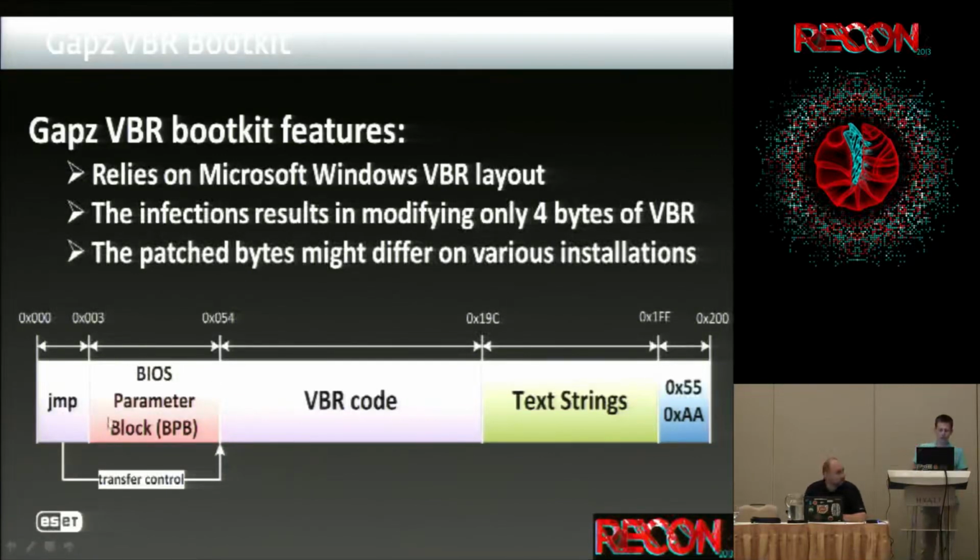There is a BIOS parameter block here, a special structure which describes the volume partition, some error strings, and the signature. So the malware modifies 4 bytes here, and these bytes might be different on different installations and on different instances of the operating system. So it's not straightforward to detect this modification, because on different systems these 4 bytes are different.